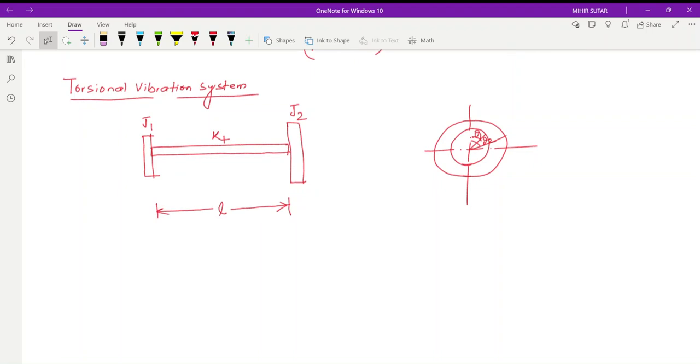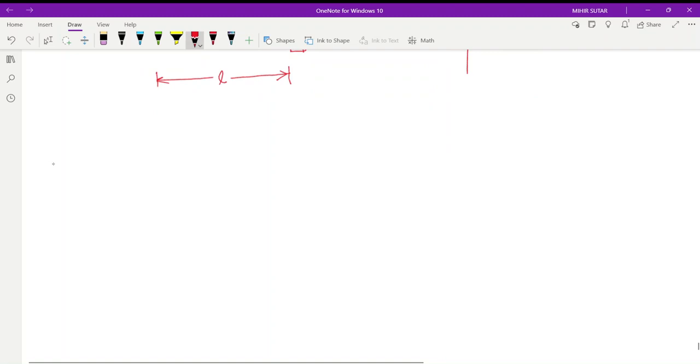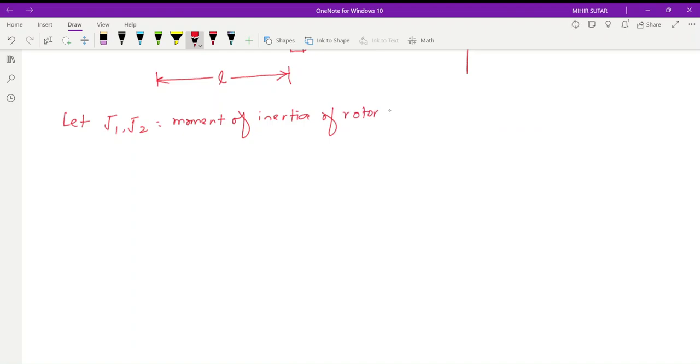Okay. So as we said, J1 and J2 are the moment of inertia of rotor 1 and 2 respectively.